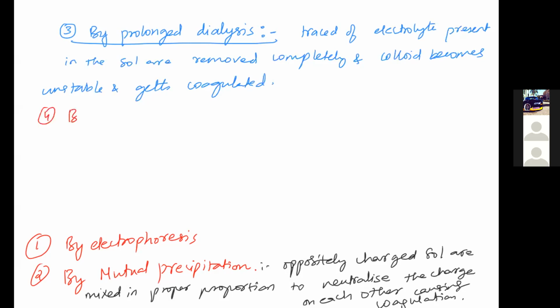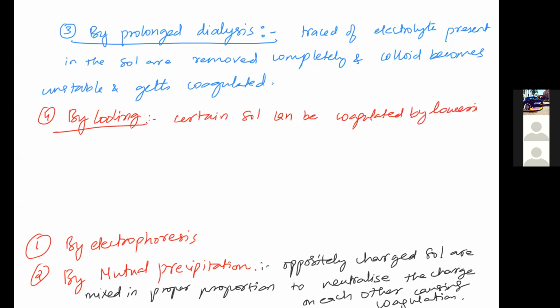By cooling. By cooling, certain solutions can be coagulated by lowering temperature. Why?